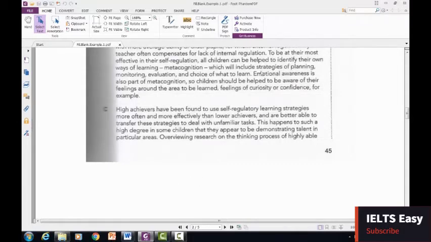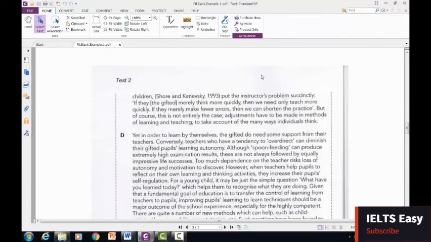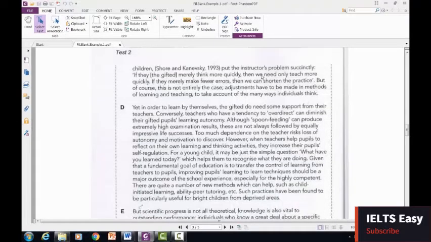Number 25 was right here with emotional awareness. So there's nothing about teachers here. Keep going down. There's instructor, but there's nothing about grades or tests. Let's keep going down.